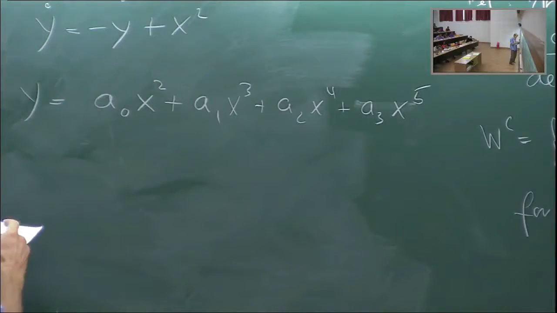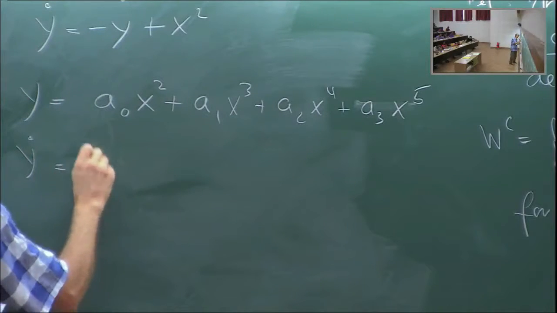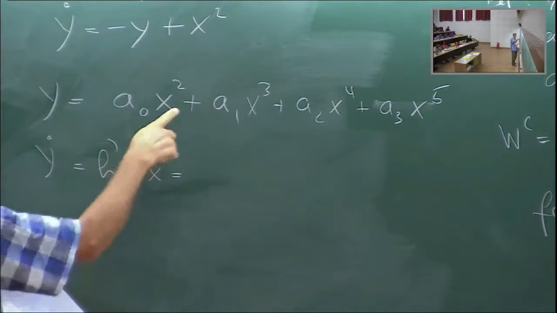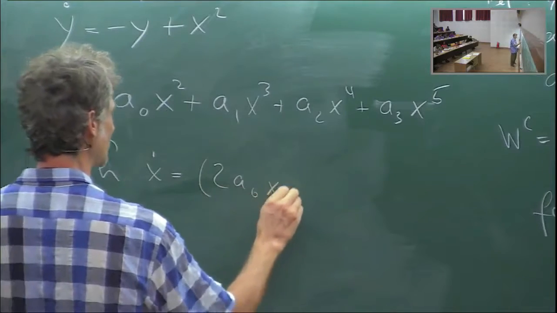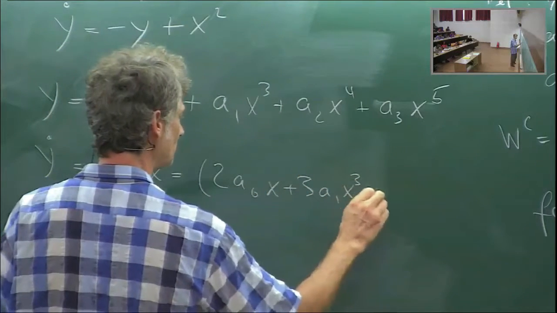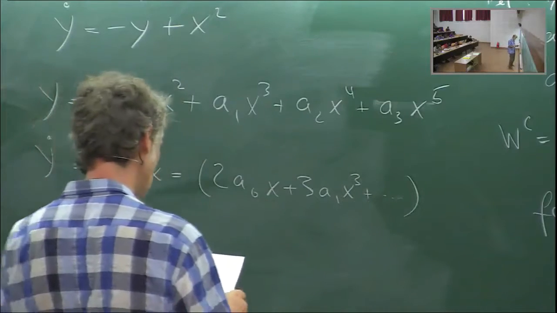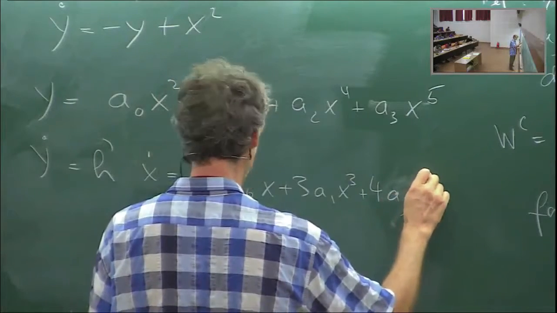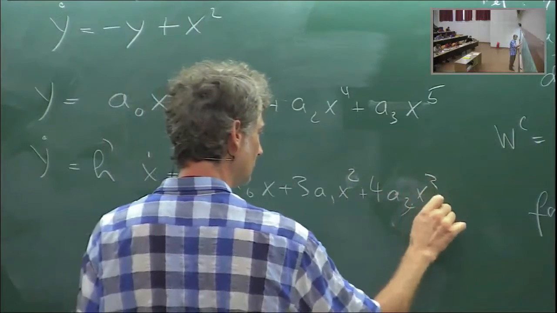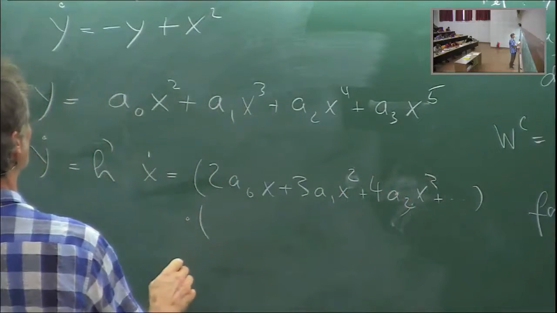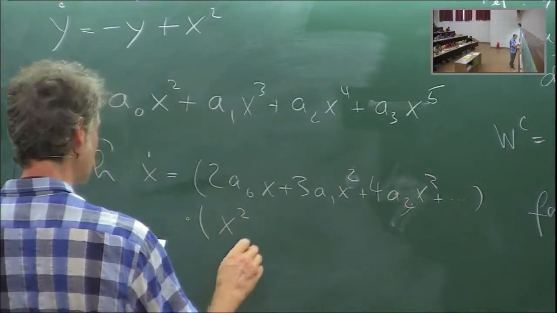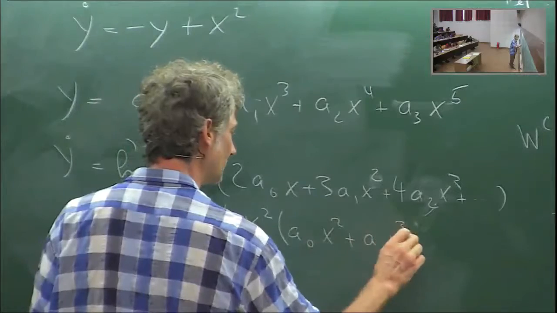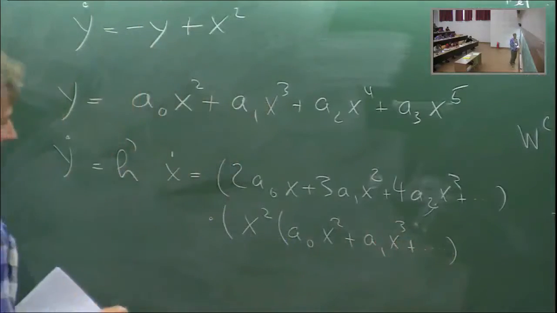We know y dot is dh dx times x dot, and so dh dx is 2a naught x plus 3a1 x cubed plus higher order terms, plus 4a2 x cubed, times x dot, so this is x squared, times a naught x squared plus a1 x cubed, and minus x to the 5.